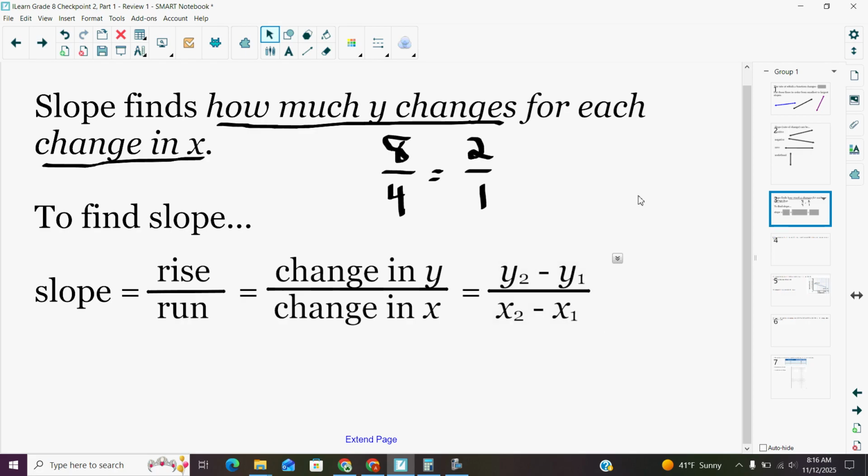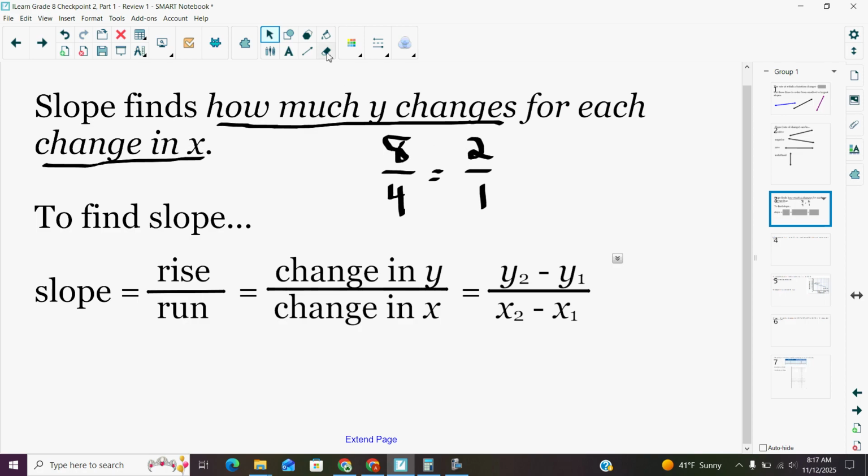And then we had the formula that has been introduced to you, y2 minus y1. Notice if I subtract y values, that's giving me a change in y. If I subtract x values, that gives you a change in x. So any of these three ways are good ways to think through finding slope.